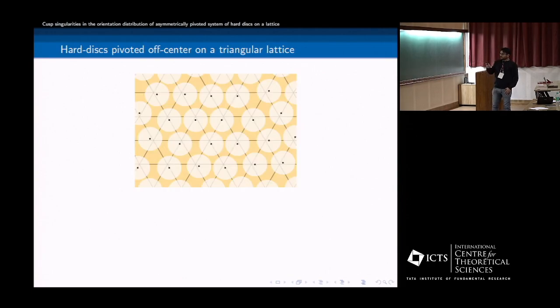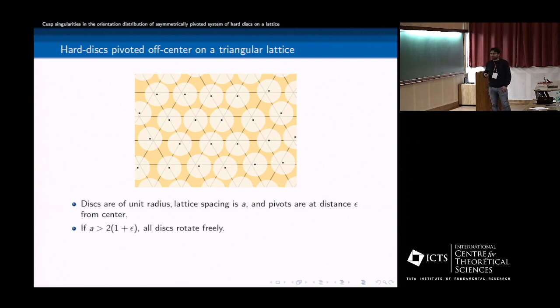So this is the new result that I am going to show. We have looked at hard disks pivoted off center. The pivots are identical on each disk and off center, and the disk can rotate provided that there is no overlap. So this is a disk of unit size, the lattice spacing is A, and the pivots are at a distance epsilon from the center. Here also, for A greater than 2 times (1 plus epsilon), it can rotate.